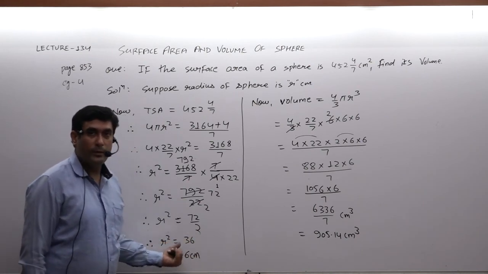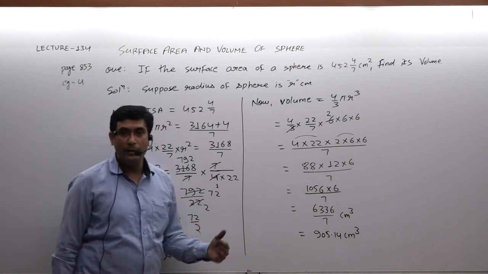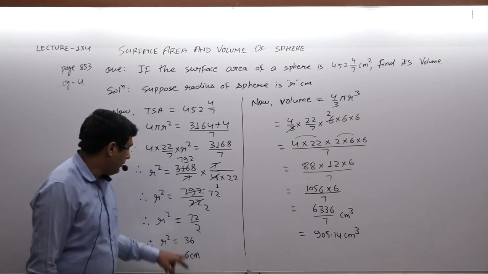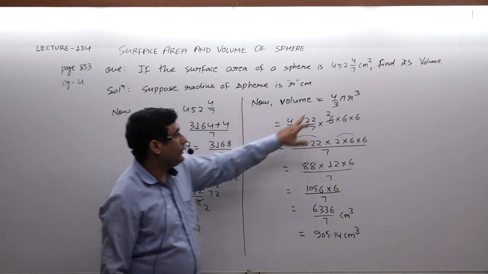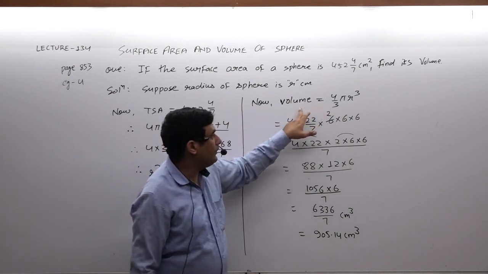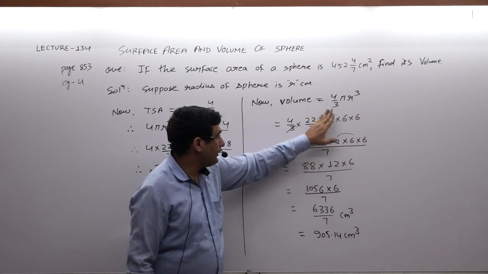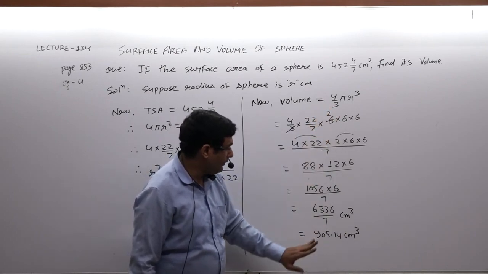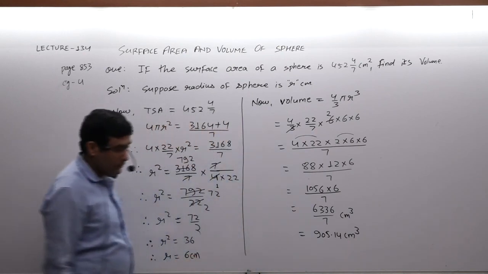It is quite possible that you won't get r in a complete square form, so you should know how to find the square root. So after obtaining the value of r, it was very simple to get the value of volume, 4 by 3 pi r cube. So just by putting the value of r, I obtained this answer, 905.14 centimeter cube. So please put it down.